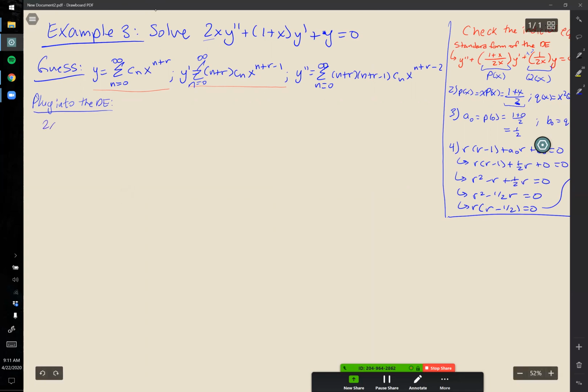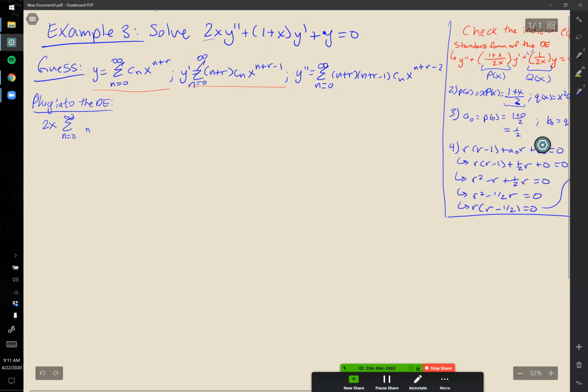So I'll just do 2x, and then we have y double prime plus 1 plus x y prime. Oh wow, I messed that up. That's the second derivative, folks. So I need to plug in the second derivative.